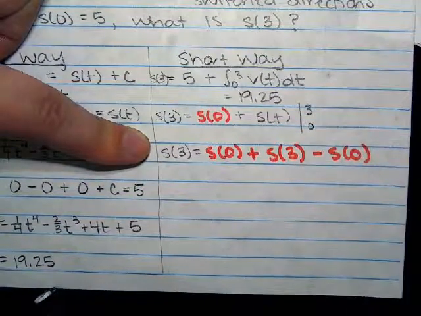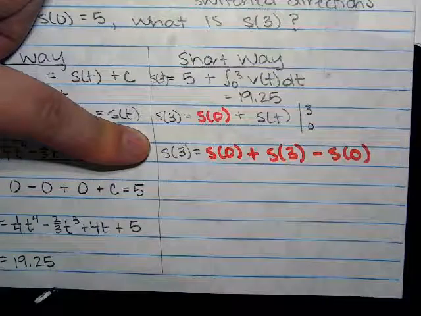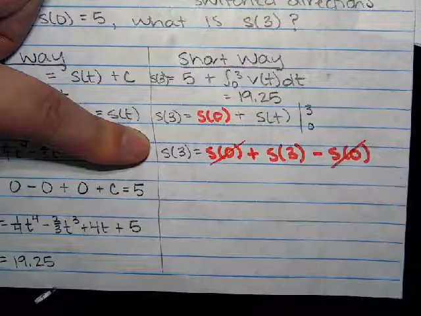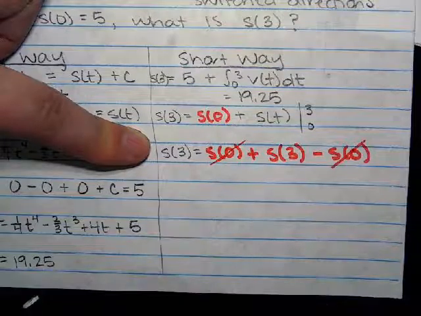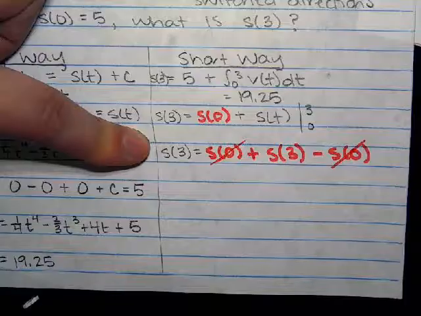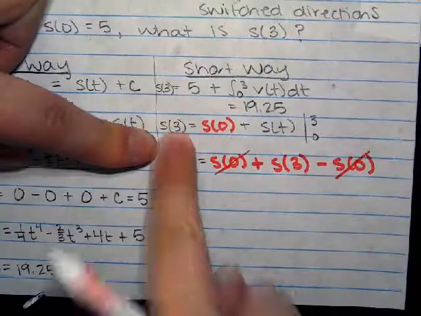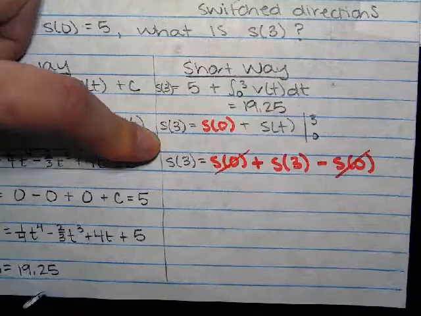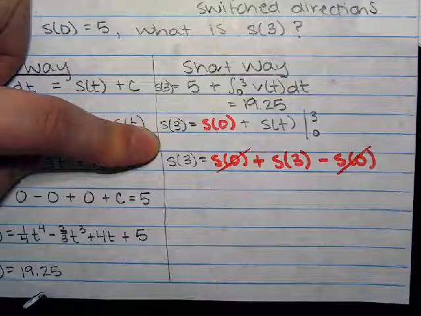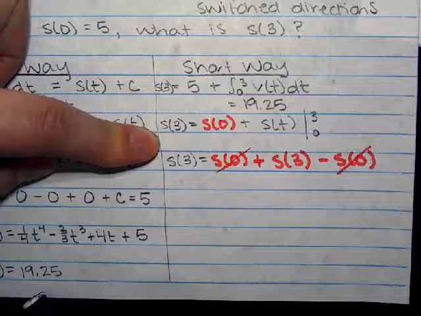The s of 0's cancel. You get s of 3 equals s of 3. See how that works? So mathematically speaking, we can see that the two sides are the same. And we did it almost algebraically, leaving variables in there rather than solving for them. You guys see how that works?